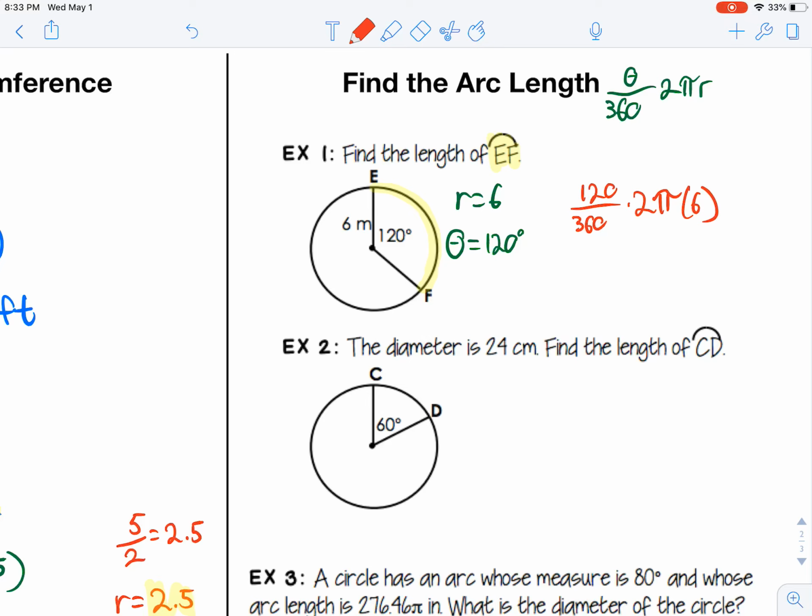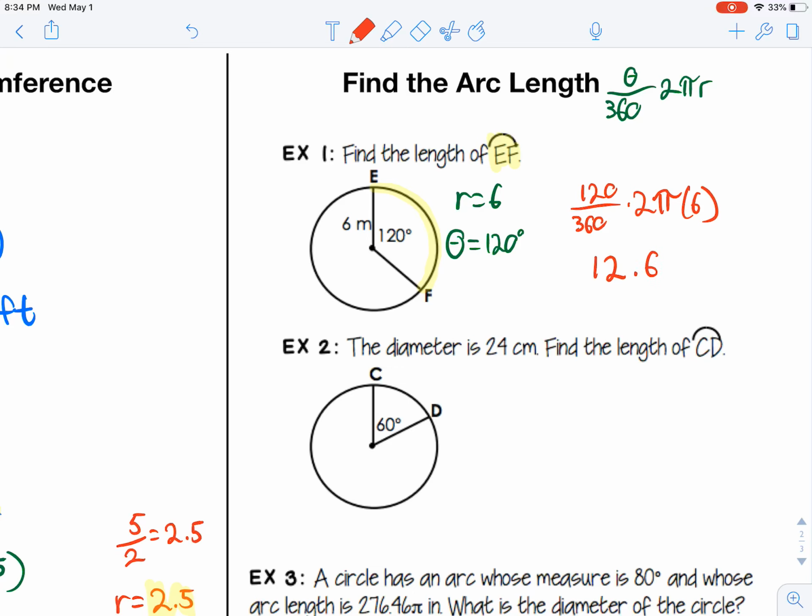So parentheses 120 divided by 360, times 2 times pi times 6. And when you do that, our arc length of EF is going to be 12.56, and that's going to round to 12.6.